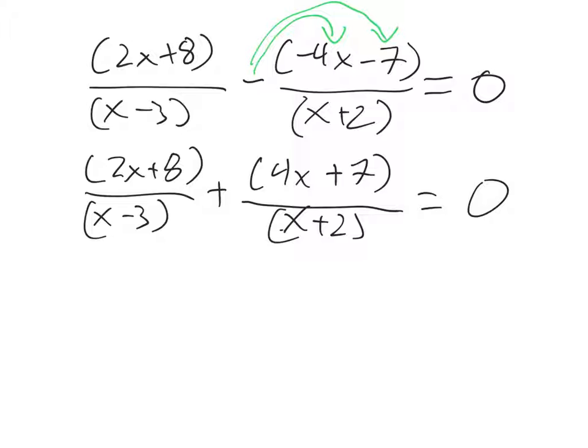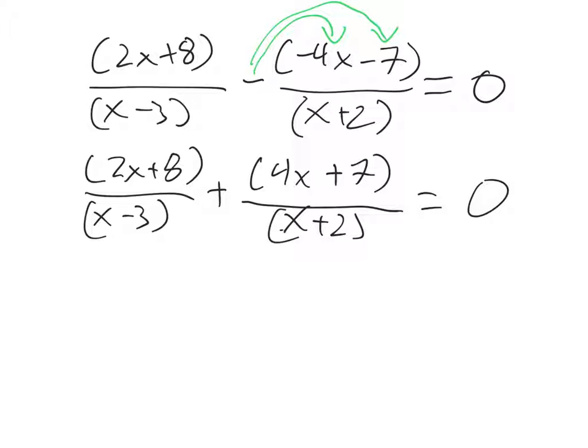So what we have to do now is get a common denominator again. So in order for us to have that, we have to take a look at our two denominators: we've got x minus 3 on our left fraction and x plus 2 on the right. And we need some sort of common denominator between the two of them.